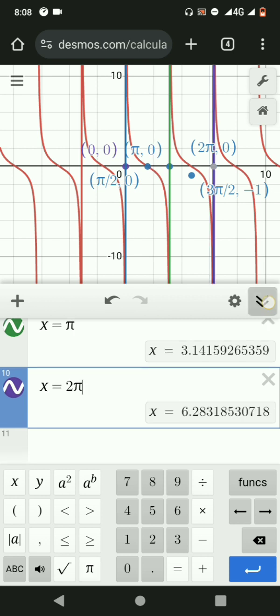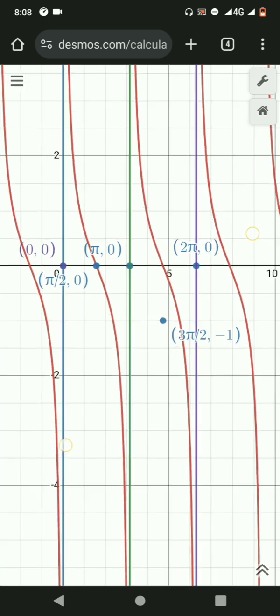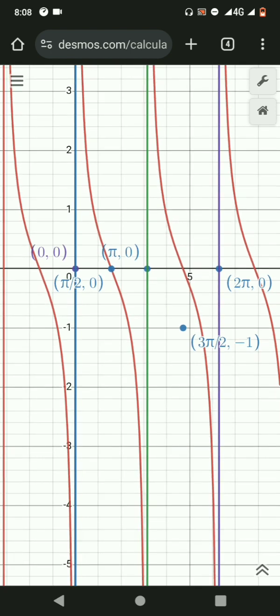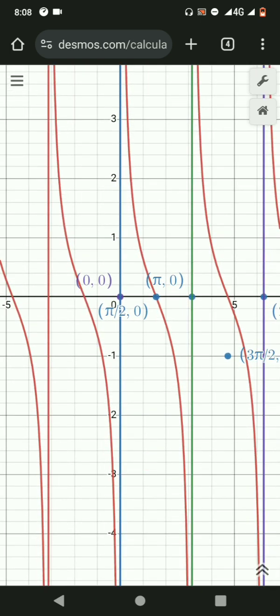So that's it. There you go. That's where the vertical asymptotes of the cotangent are.